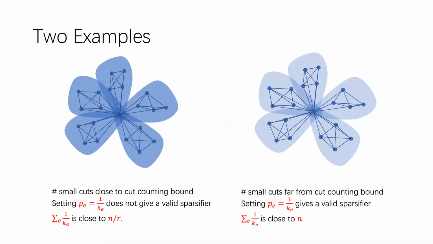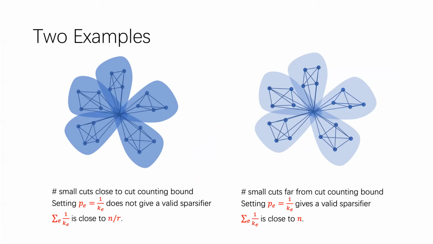Let's put these two examples together. For the graph on the left, the number of small cuts is close to the cut counting bound. If we set p_e equal to 1 over k_e, it does not give a valid sparsifier. On the other hand, the sum of 1 over k is close to n over r, which is far from n.